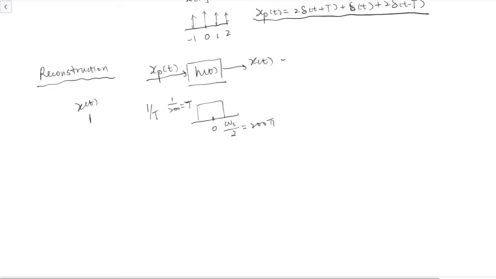So our x(t) equals x_p(t) convolved with h(t). From the convolution property, we know this is the inverse Fourier transform of X_p(j omega) and H(j omega). I'm sorry. Here I should write Fourier transform.